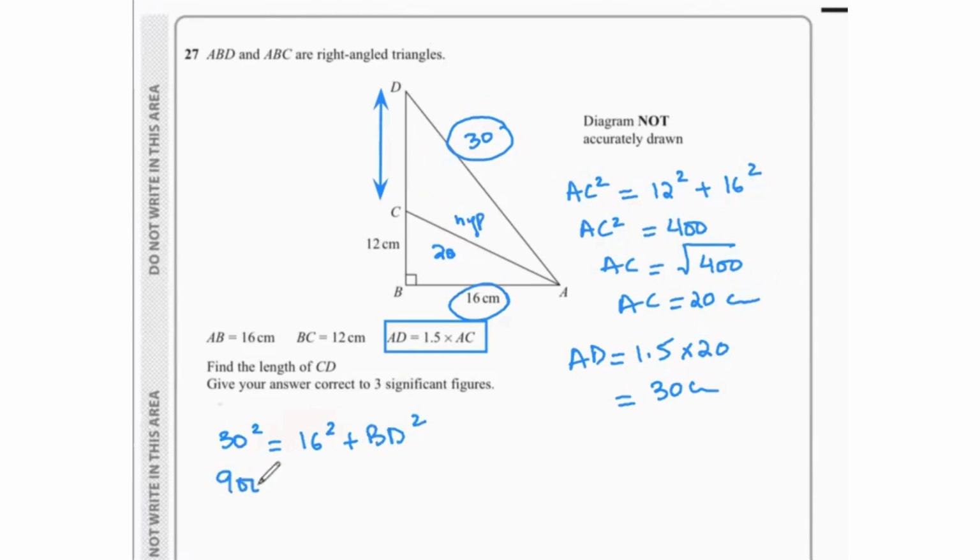So that's 900 minus 256 equals BD squared. So 900 minus 256 is 644.